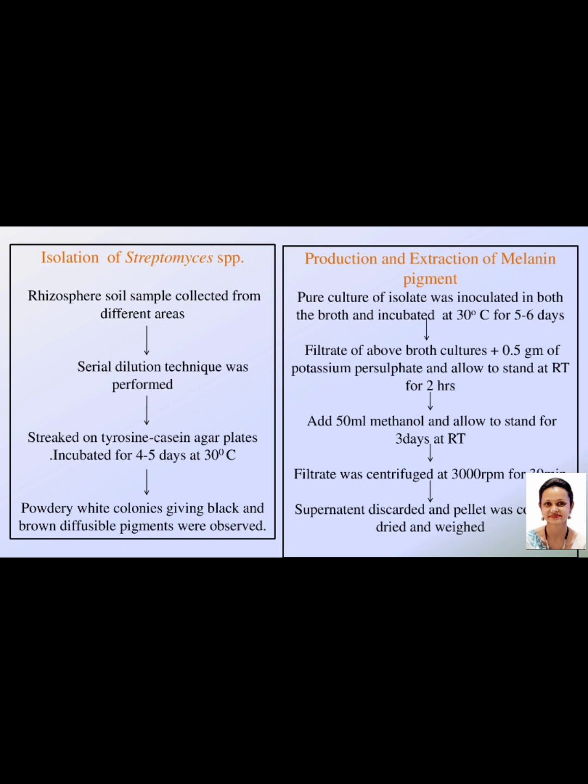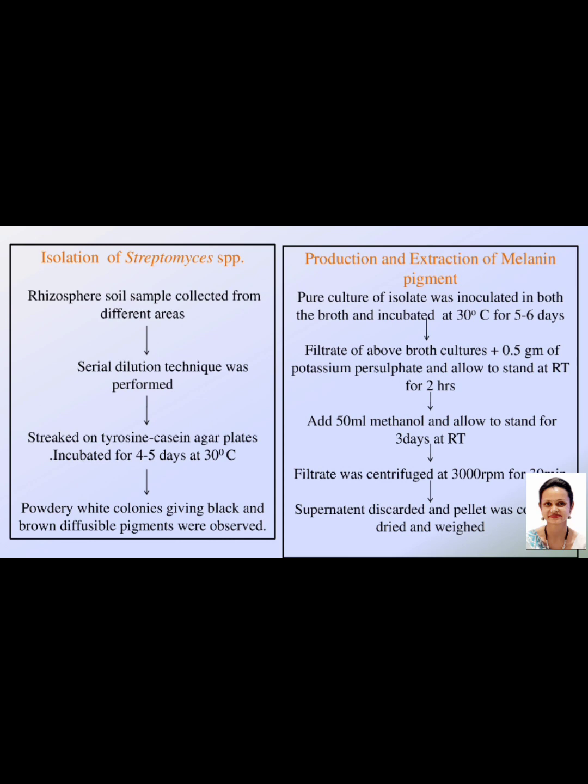Next is the production and extraction of melanin. A pure culture of the isolate was inoculated in tyrosine casein and peptone iron broth and incubated at 30 degrees centigrade for 5 to 6 days. Now the filtrates of both broths were adjusted to pH 7, and then 0.5 gram of potassium persulfate was added and allowed to stand for 2 hours at room temperature.